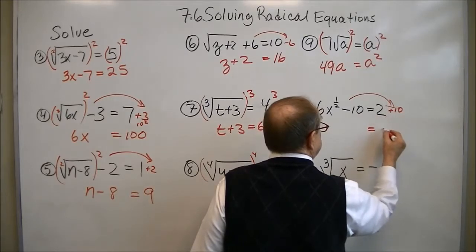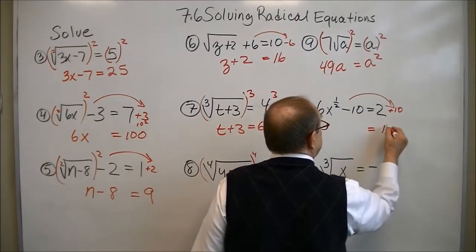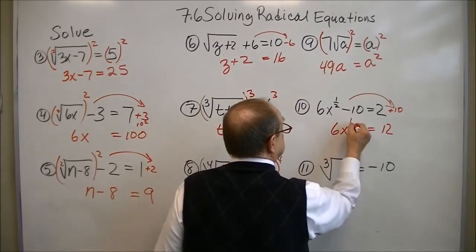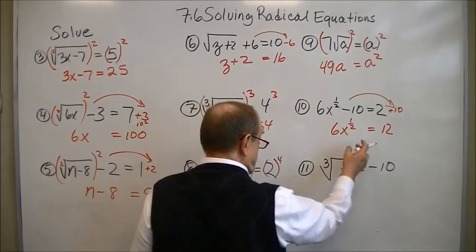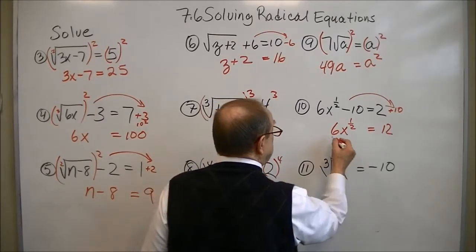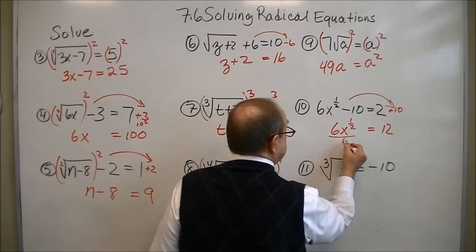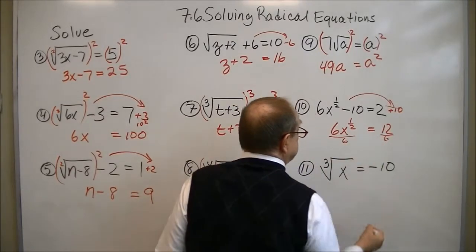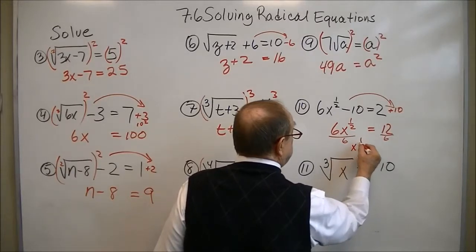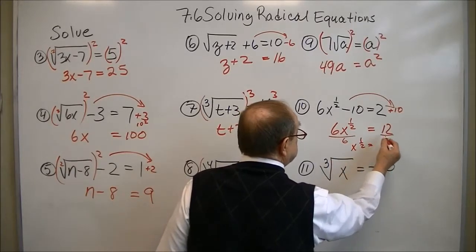So we now get 12. And we have 6x to the 1/2 power equals 12. We're going to divide both sides by 6. And then we get x to the 1/2 power equals 2.